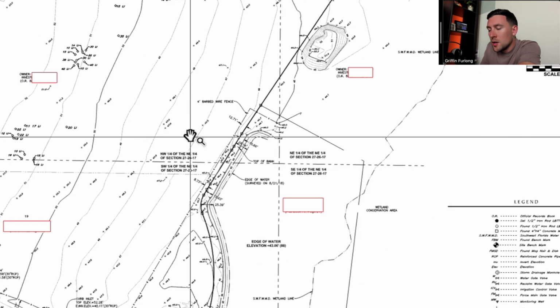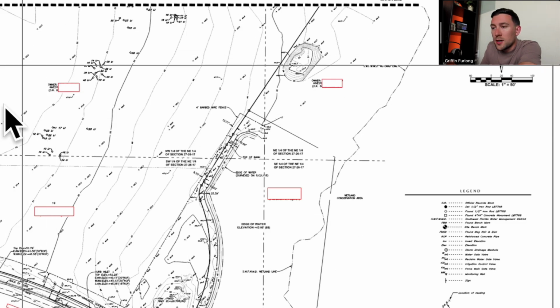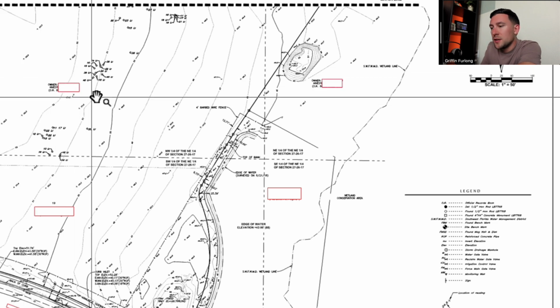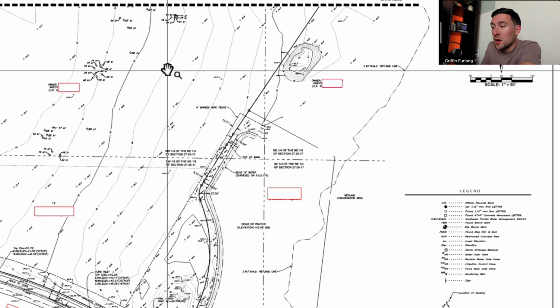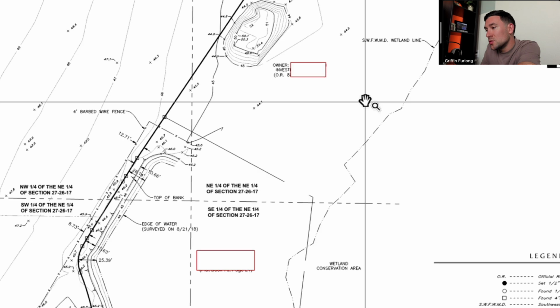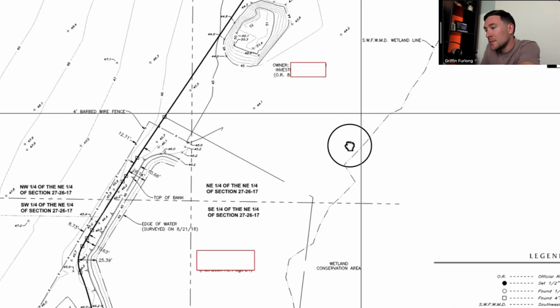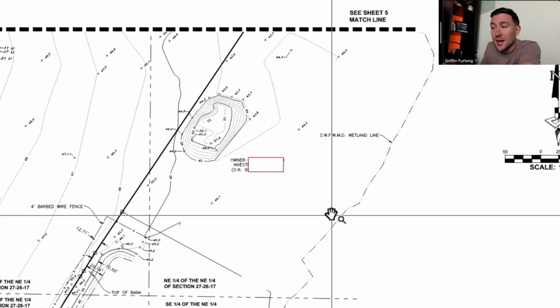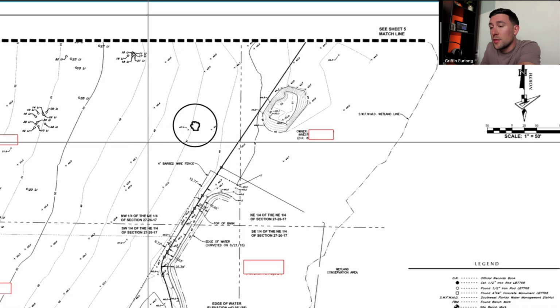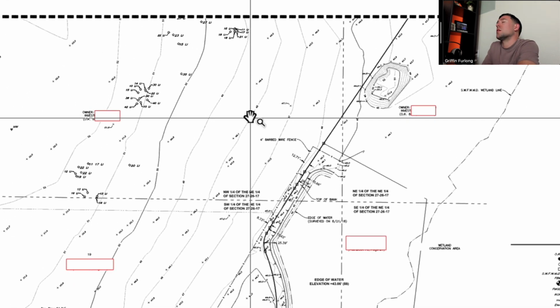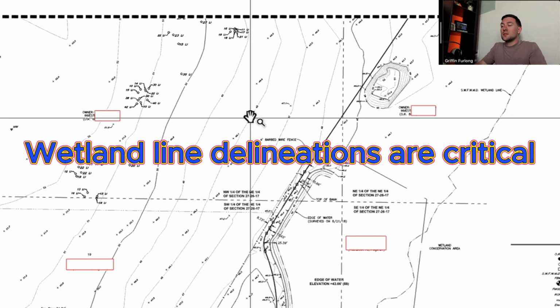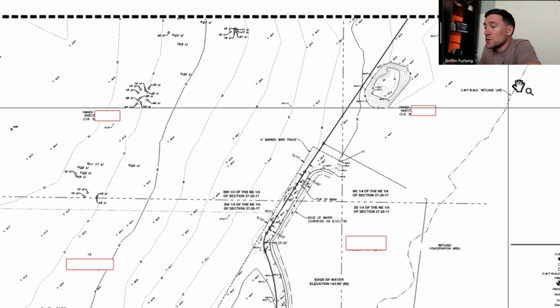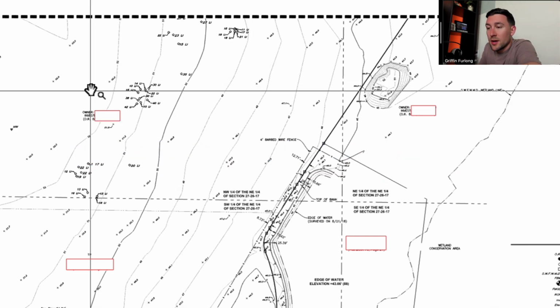So all of this water, if it rains, is sheet flowing, some of it into this pond, and then some of it into what looks like a wetland line. So these wetland lines were established, and that's a really important thing. At least in Florida, wetlands are critically important, and we will dive into that more once we look at the environmental report. Yeah, those are really important lines to call out in this survey.